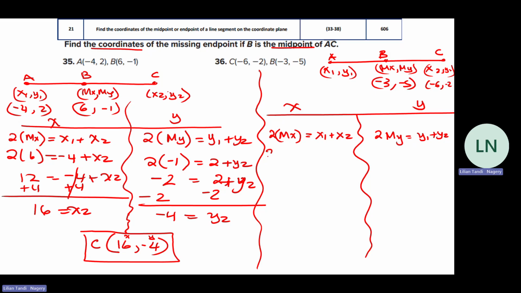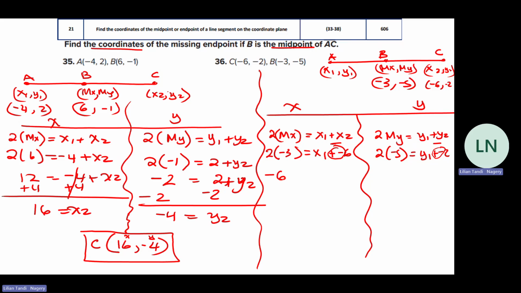So this is 2 parentheses. What is mx? -3. x1, I don't know it, plus -6. 2 parentheses -5, I don't know y1, plus -2. A positive and a negative become a negative. Same thing here.